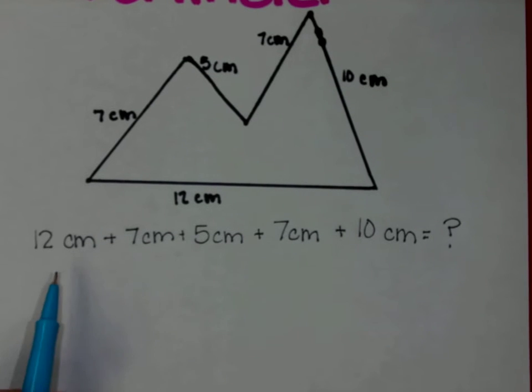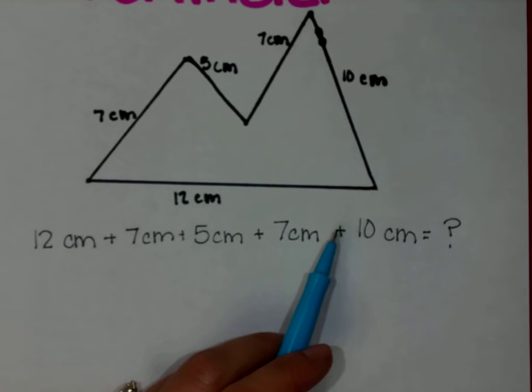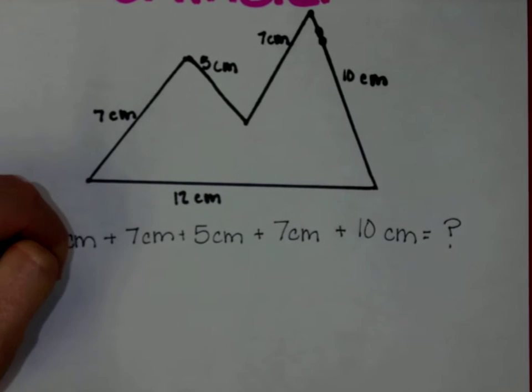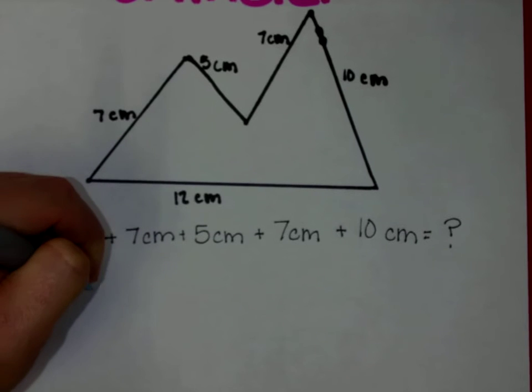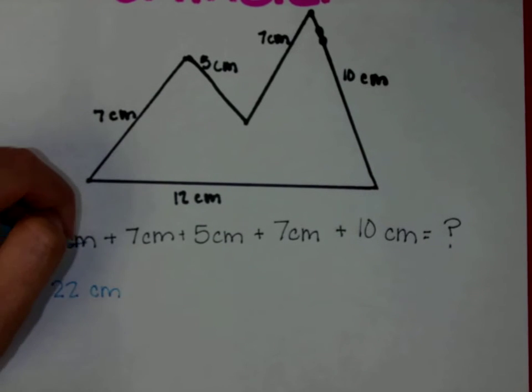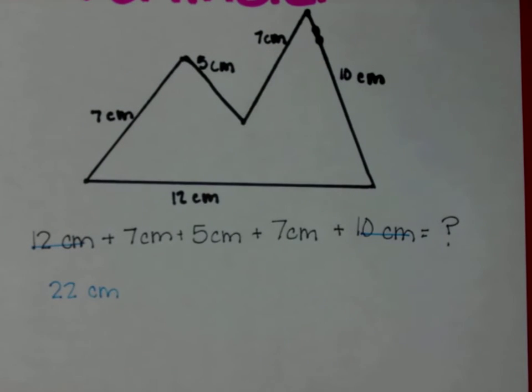Well, I'm going to look at this 10 because it's always easy to add 10 to something. I know that 12 centimeters plus 10 centimeters is 22 centimeters. So maybe I'll cross this one out. This time I'll cross this one out so I know I've added those two together.